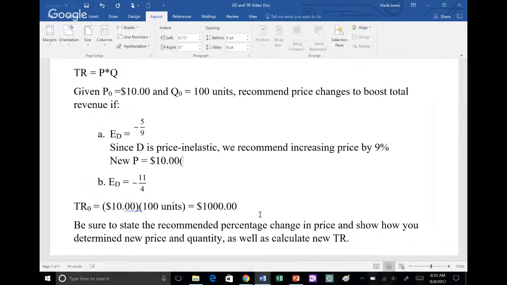So we're going to do this as $10 times 1 plus 0.09. Now, 1 plus 0.09 is a very easy thing to add up because there's nothing to the left of that decimal place. That's just 1.09. And so $10.00 times 1.09 is equal to $10.90.